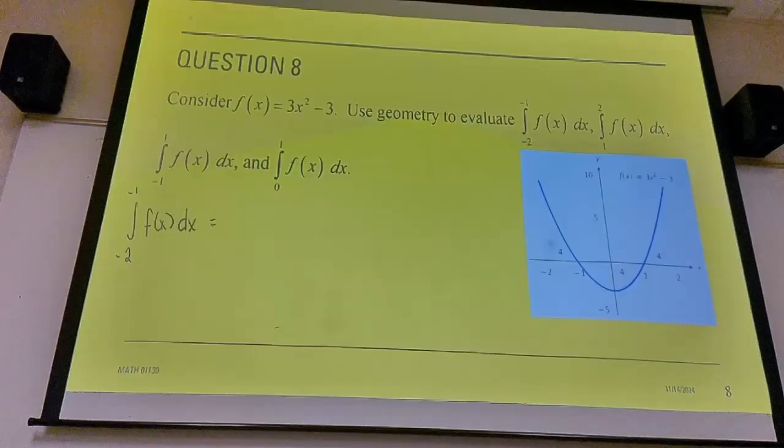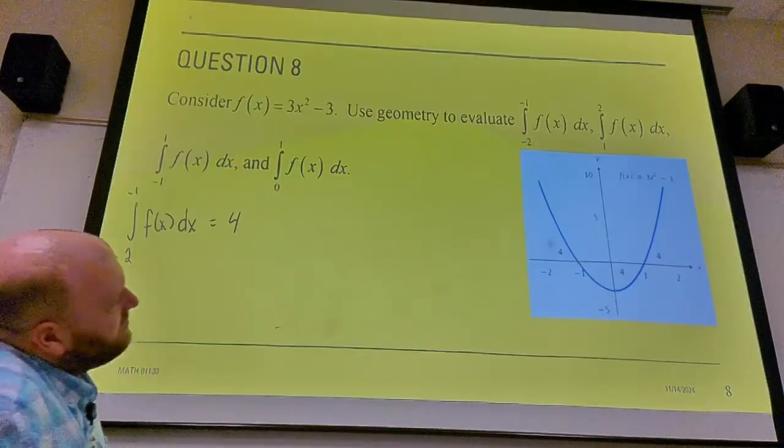What's that integral? It's 4. That's nice.